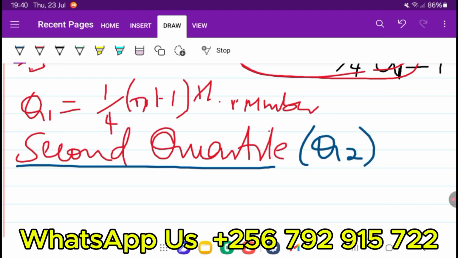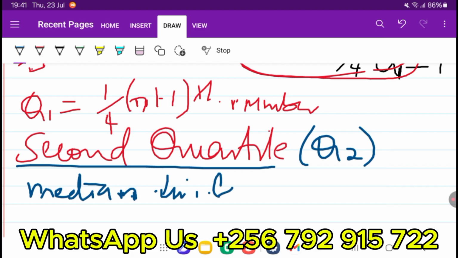The Q2 looks at the median, because it is the median that divides the data set into a half. Median divides the data into half.